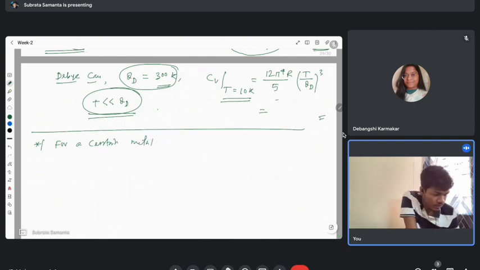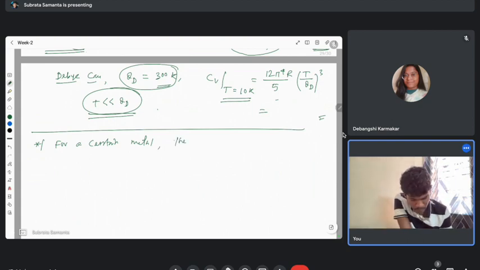For a certain metal, the velocity of the transverse waves is one third of the velocity of the longitudinal waves.